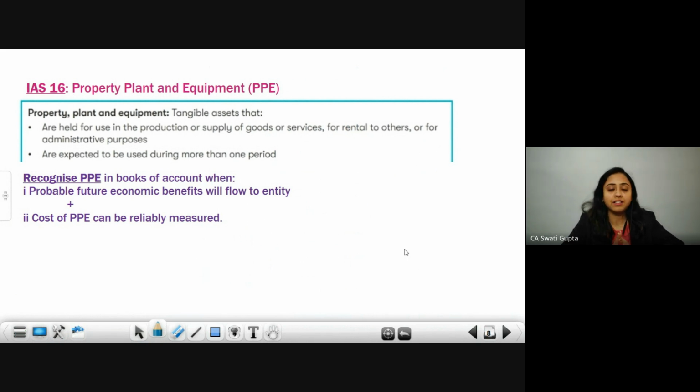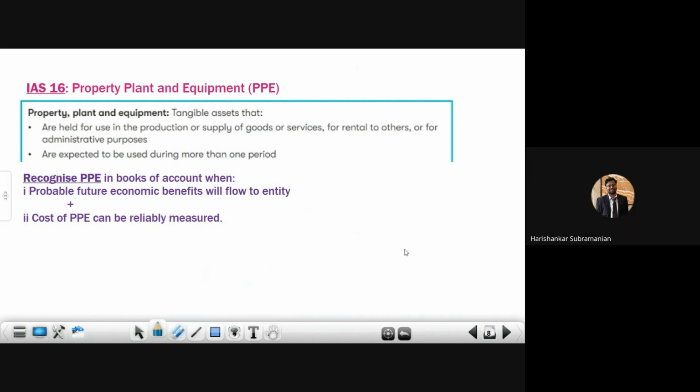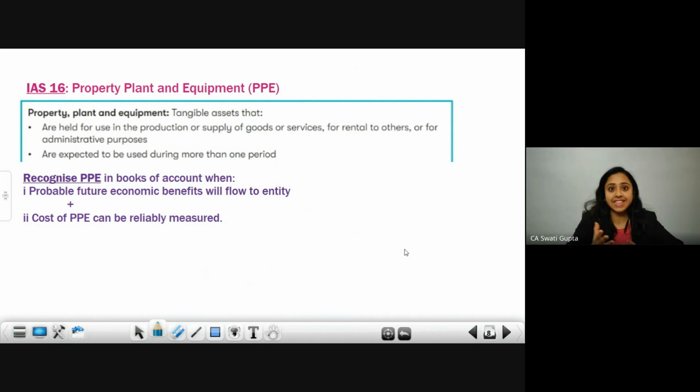Yes, AS 10. In AS 10 we used to club in all the fixed assets. Any asset that is used for more than 1 year was treated as a fixed asset. There were only 2 types of asset, current asset or fixed asset.